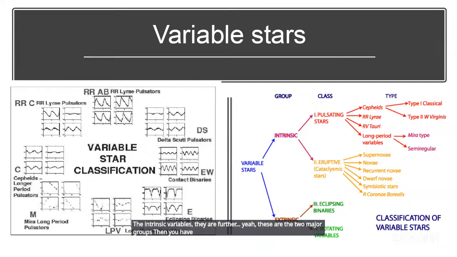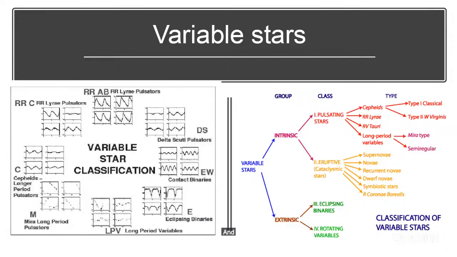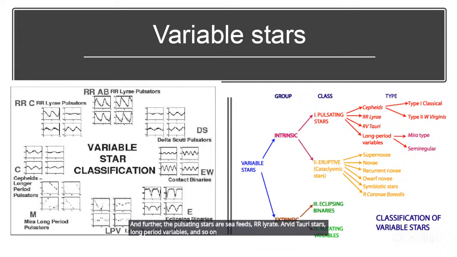Then you have classes of pulsating stars or eruptive cataclysmic stars, which are intrinsic. Extrinsic variables are eclipsing binaries or rotating variables. Further, the pulsating stars are Cepheids, RR Lyrae, RV Tauri stars, long period variables, and so on. Long period variables again break up into Mira types and semi-regulars, and Cepheids are type 1 classicals and type 2, W Virginis, and so on.